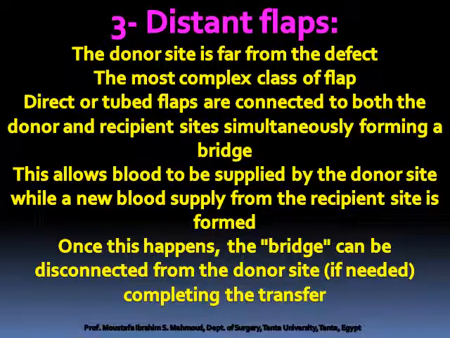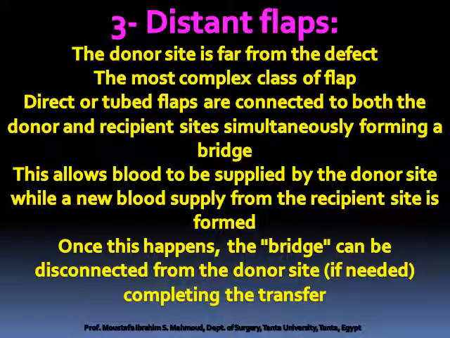Distant flaps. The donor site is far from the defect. The most complex flap, direct or tubed flaps are connected to both the donor and recipient sites, simultaneously forming a bridge.